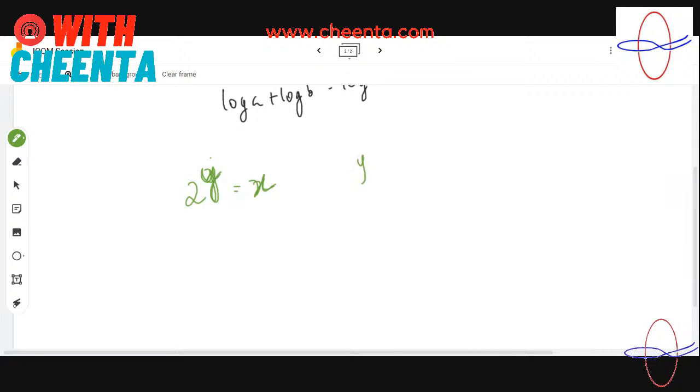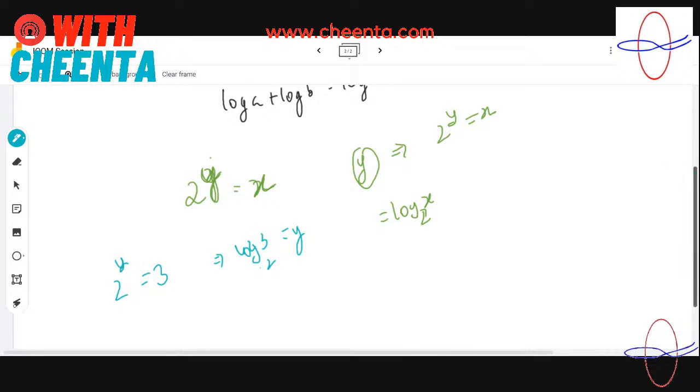The value of y for which 2 to the power y is equal to x is defined as log x base 2. For example, the value of y for which 2 to the power y is equal to 3 is called log 3 base 2, that is equal to y. So this is the definition of log.